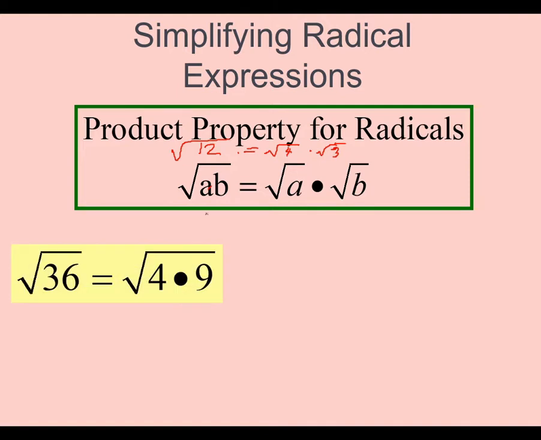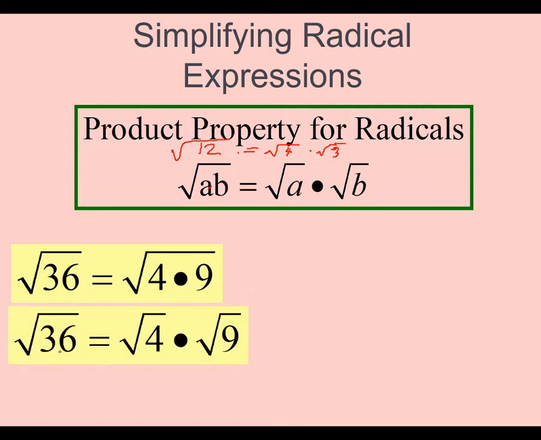Okay? So, example, square root of 36, it is equivalent to 4 times 9. So, pwede nating i-separate square root of 4 times square root of 9. And then, it is also 2 times 3, which is 6.